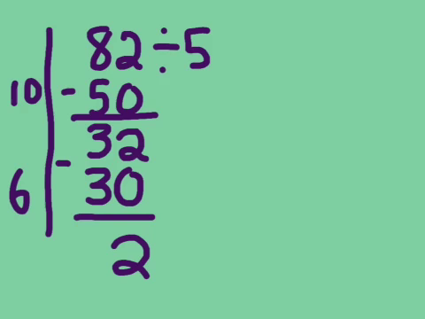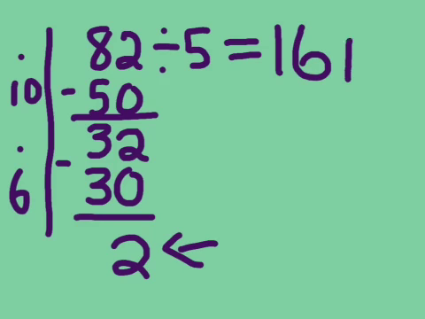So when I look at this, I had 10 groups of 5 first, and then I made another 6 groups of 5. So all together, I made 16 groups of 5. And I had a leftover, which is called the remainder, of 2. So my answer to 82 divided by 5 is 16, remainder 2.